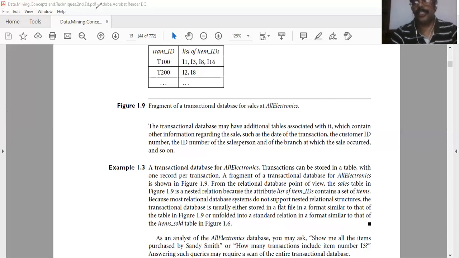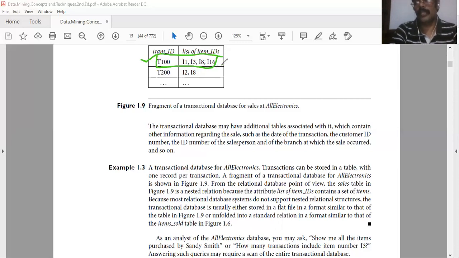That is, in the first transaction T100, we have I1, I3, I8, I16.